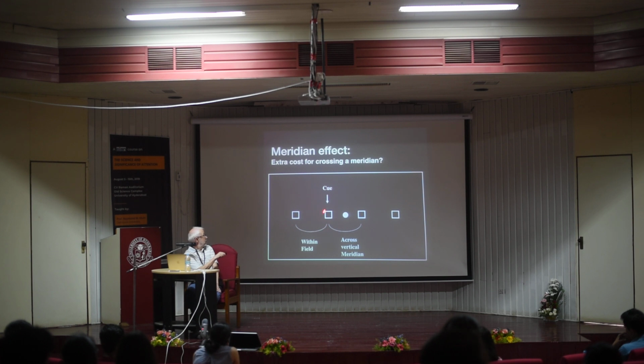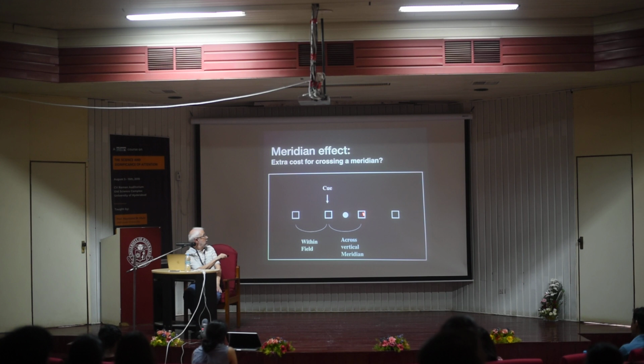The cue occurs here. These two target locations are, at least in space, equidistant from the cued location. And what Rizzolatti et al. demonstrated and other people have confirmed is that the cost when the target occurs at an uncued location that's equidistant from the cued location, these two, the cost is greater if attention has to cross a meridian.